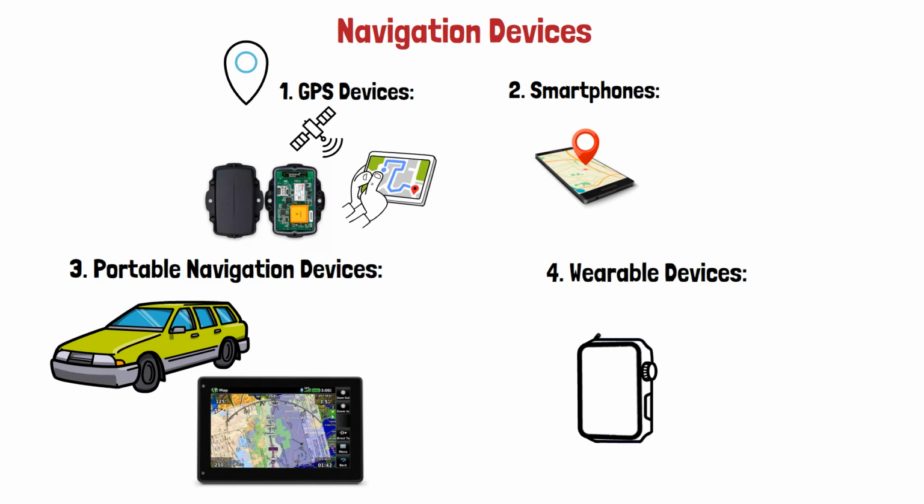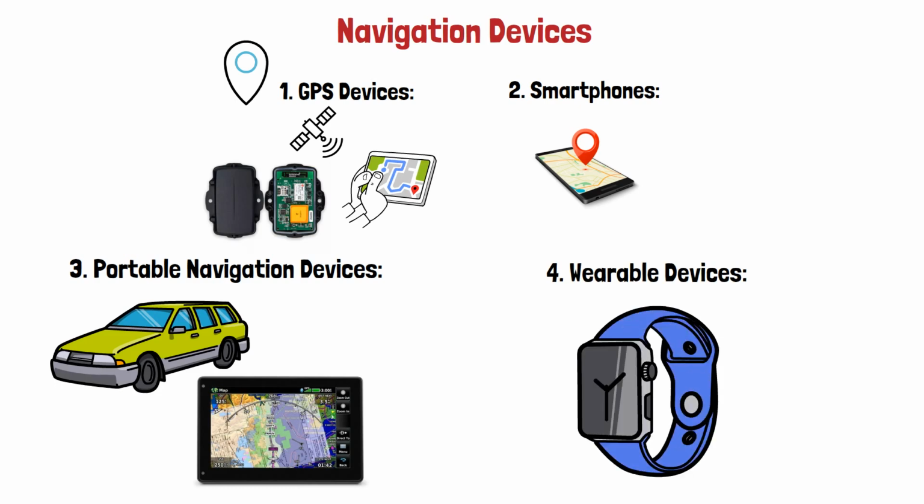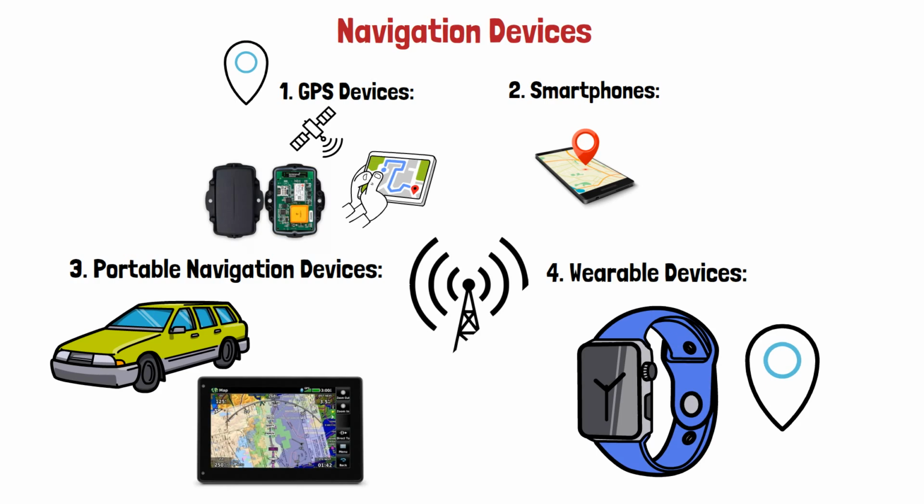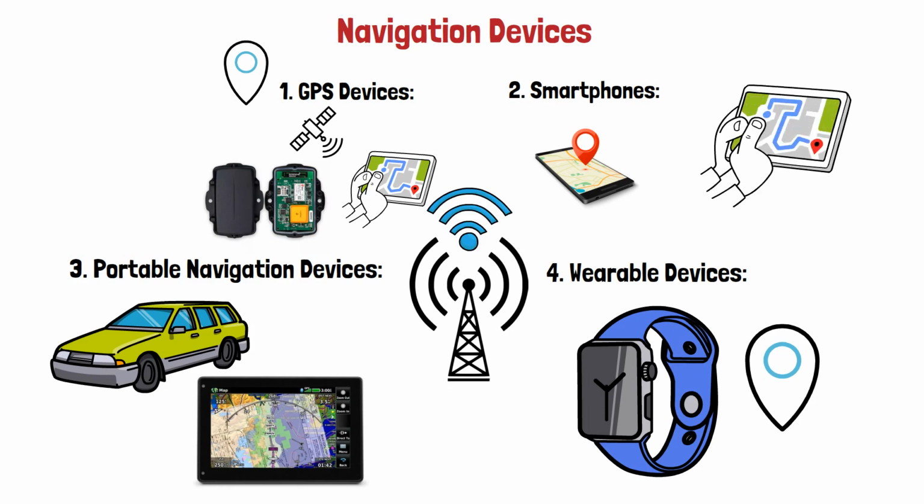Some wearable devices, such as smartwatches, also come with navigation features, such as GPS and mapping applications. Navigation devices use various technologies, such as GPS, cellular network connectivity, and Wi-Fi, to determine the user's location and provide directions to a destination. They may also include features such as real-time traffic updates and points of interest.